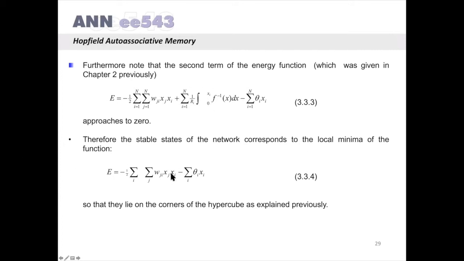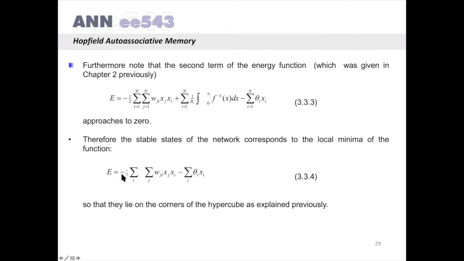Here, with the second term removed, we have this double summation and also the last term. In the double summation, we are considering each pair of the neuron outputs, and we are considering the connection between them. For each i and j, we are considering this summation.